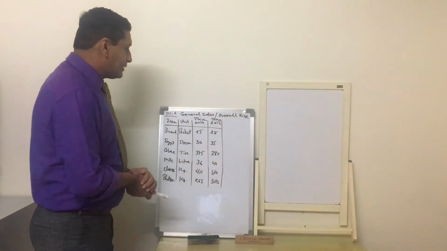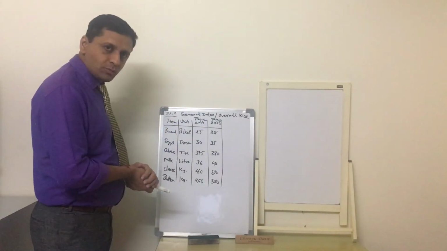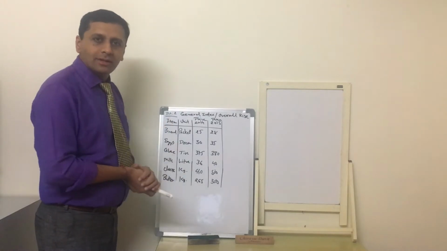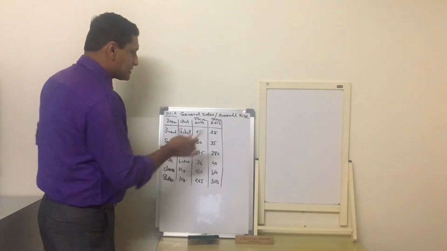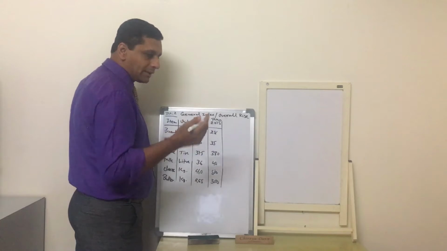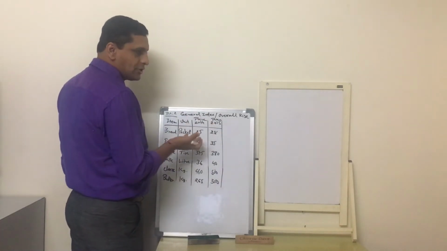Let's have a look. Can you recognize which is the old price and the new price? I'm sure you are very comfortable with this now. This is the old price, this is the new one. How to recognize and how to mention?